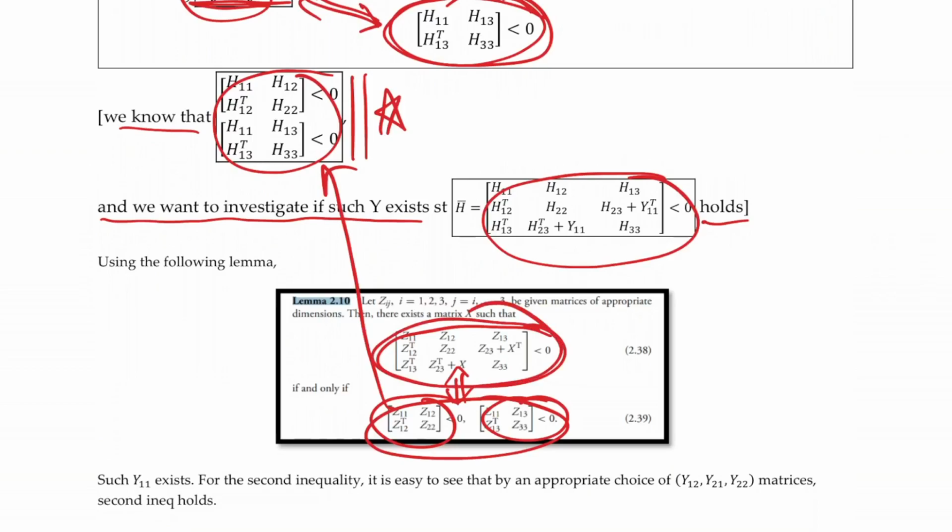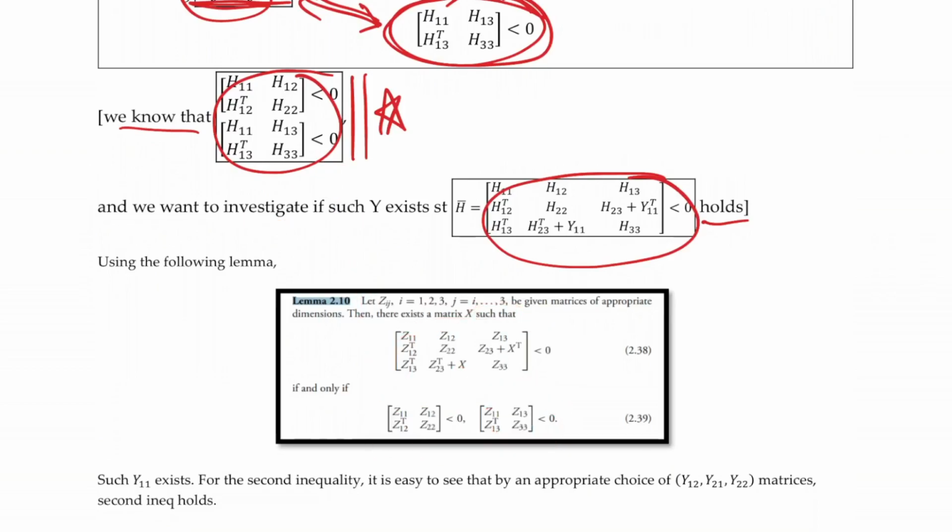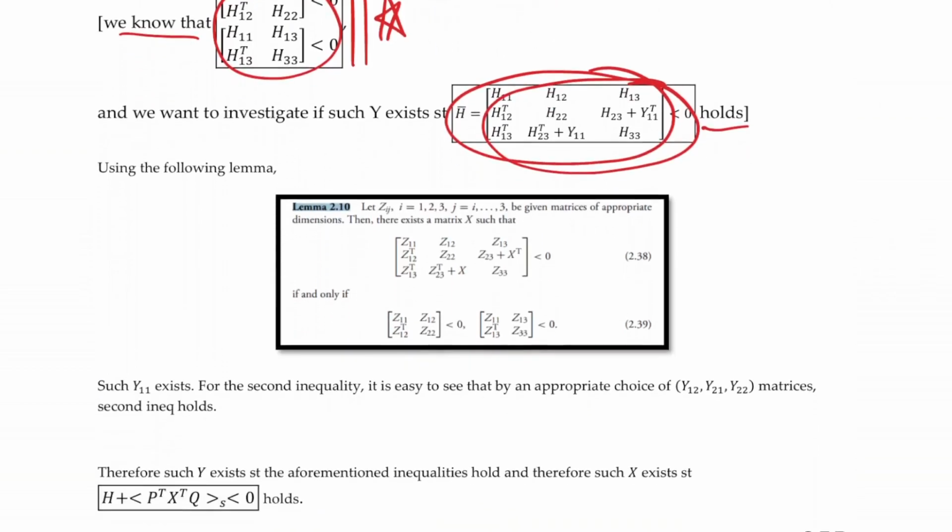So by using lemma 2.10, which is again in Duan and Yu's book, this inequality holds. Basically, we can state that. All right, so in conclusion, such Y11 exists.